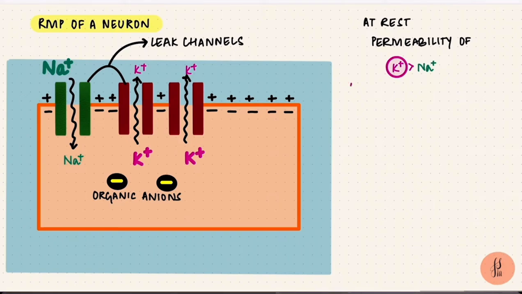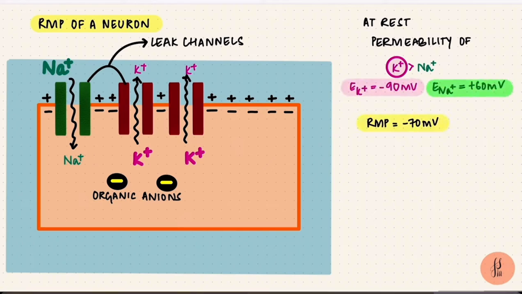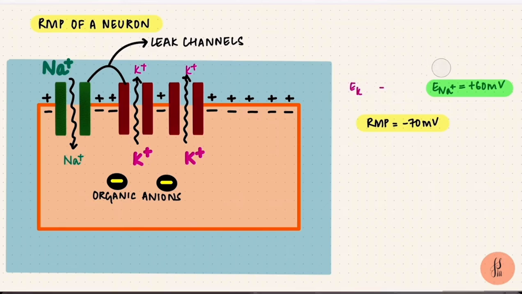I'm going to put down numbers to explain it. Potassium has an equilibrium potential of around negative 85 or negative 90 millivolts. Sodium would be around positive 60. The resting membrane potential of a neuron is around negative 70, so you can see it's closer to potassium than it is to sodium. But this is diffusion, so if the gradients are left like this, then the ions would keep leaking and the gradient wouldn't remain.